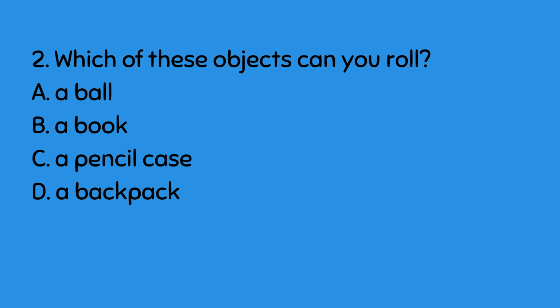2. Which of these objects can you roll? A. A ball. B. A book. C. A pencil case. D. A backpack. What is your answer? Answer is letter A. A ball. 3.